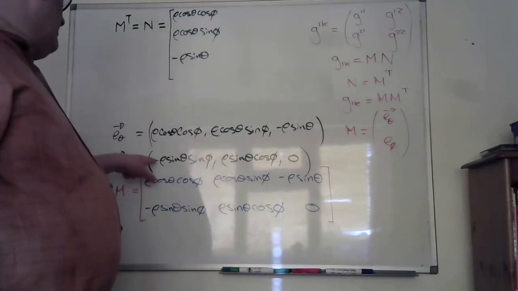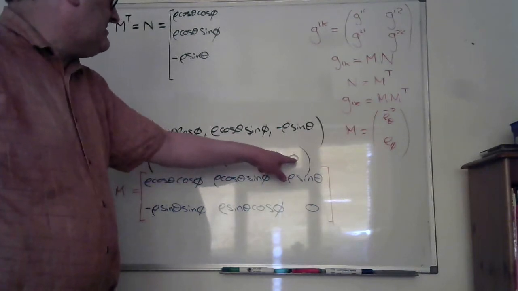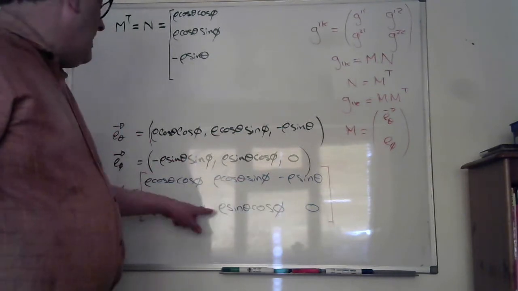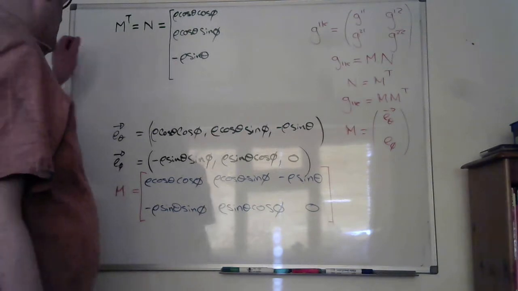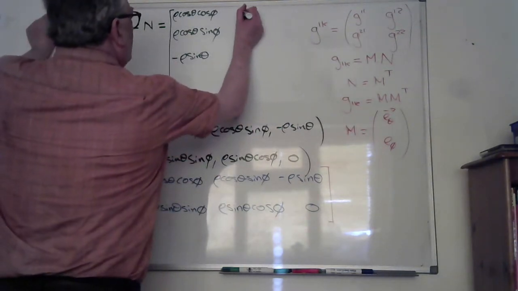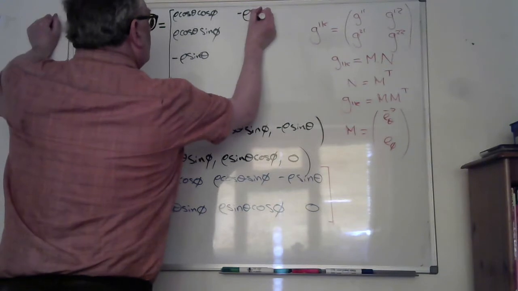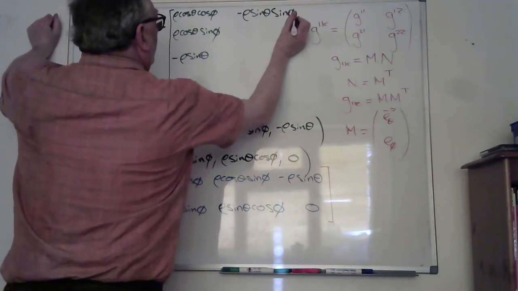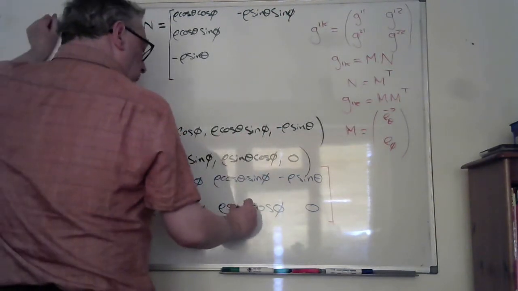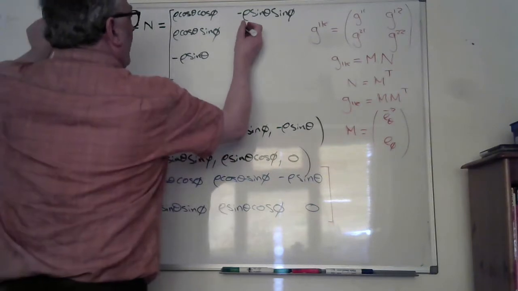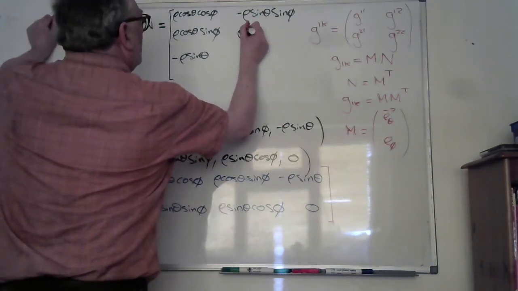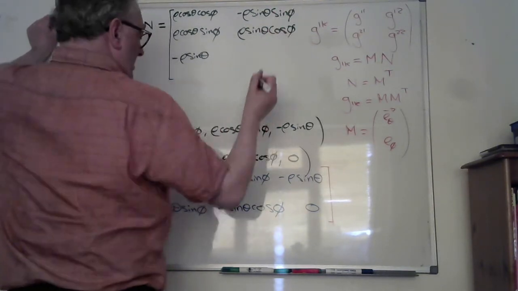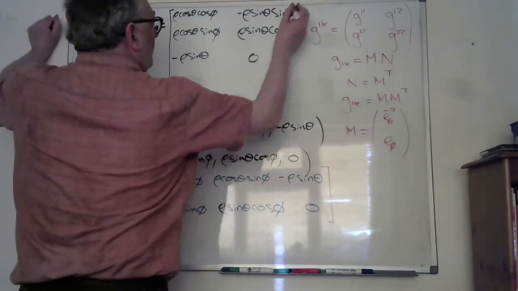And then we write down the entries in this row, or this one here rather. We write this down vertically over here. So we've got minus rho sine theta sine phi, and we've got rho sine theta cos phi, and we've got 0, right?